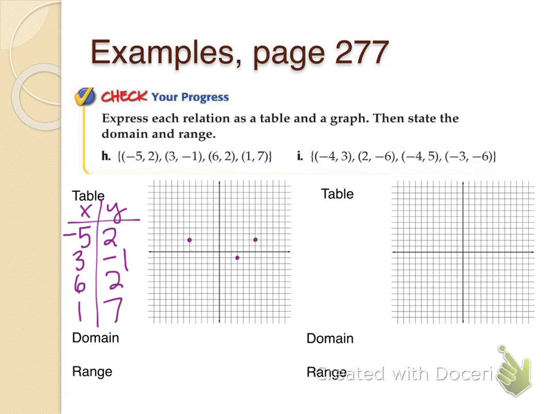And then 1, 7, go right 1 and up 7, and put a dot there. So I've made my table, I've made my graph. Now I need to write the domain and range.